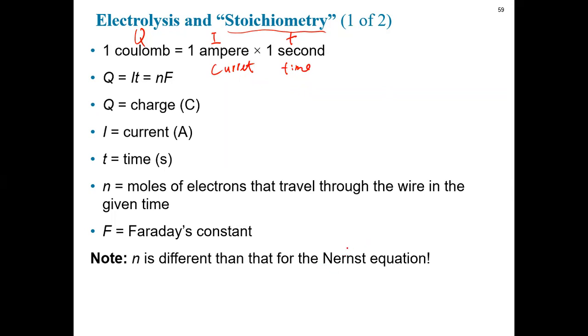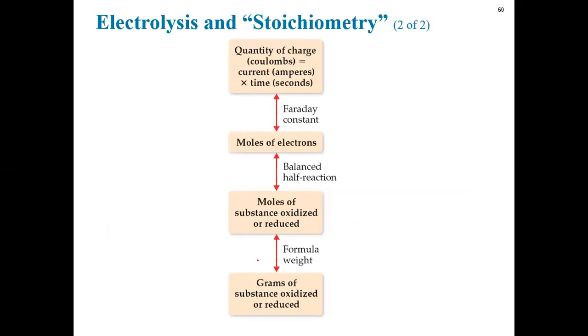In the Nernst equation, n is for the overall equation, and here n in these calculations is for the half reaction. This diagram shows you the map or the strategy to solve those problems. You can go either way, from top to bottom or from bottom to top.